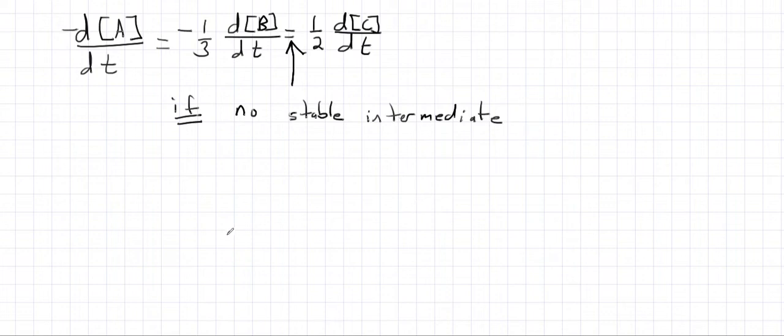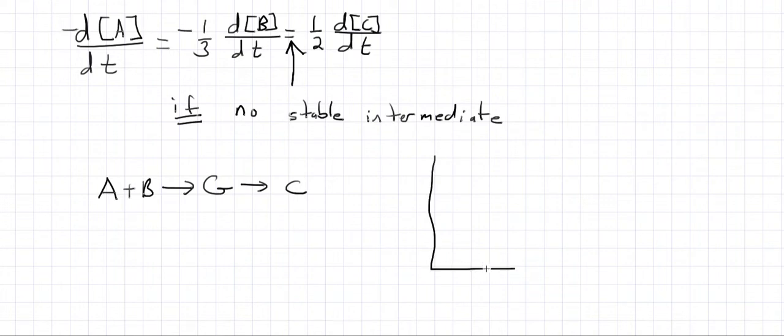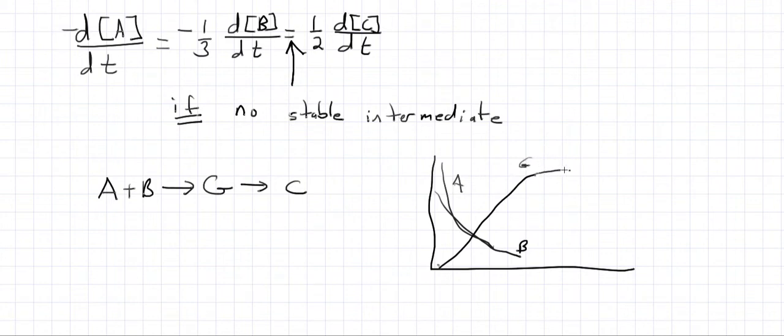Okay, so in other words, if we have a reaction pathway that goes A plus B goes to, let's call it G, and then G goes to C, what can happen, especially if this second step is slower than the first step, is that we can have the A curve and the B curve, and all that happens is we make a lot of G. And that G might slowly react.